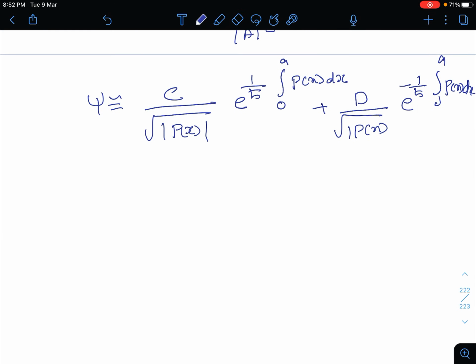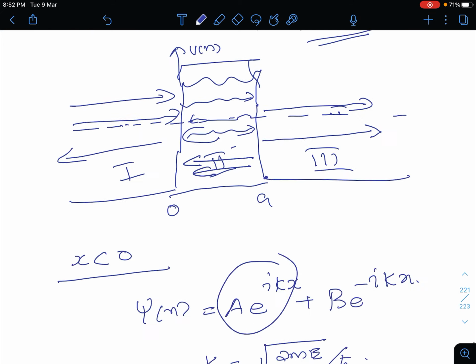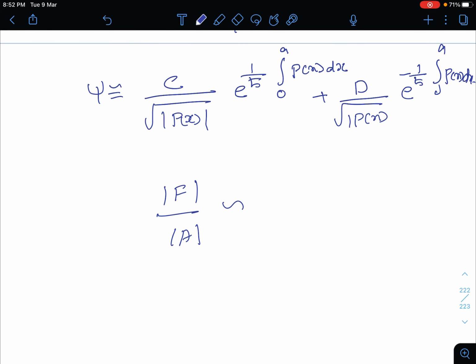So essentially now this f by a, that is transmitted by incoming, depends on how much was reflected in this non classical region, so it would be proportional to that. So now I can write that it is simply e raised to minus 1 by h cross integral 0 to a p of x dx. It is something proportional to, or almost equal to. Okay, so that is it.